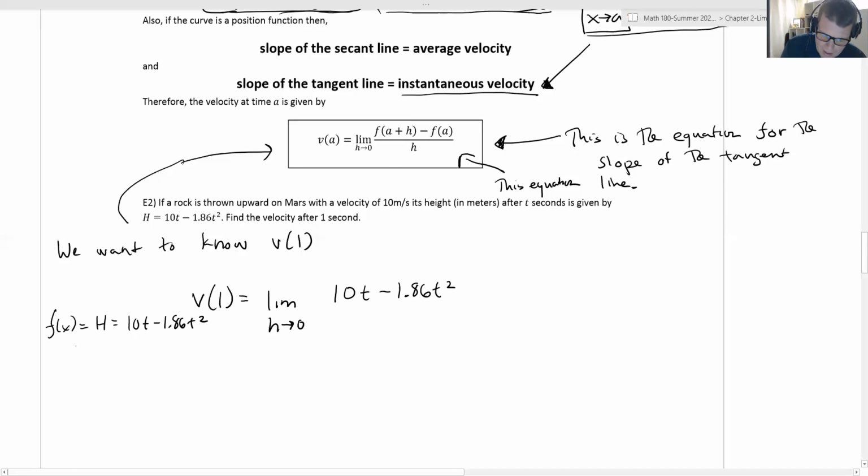Our f of a is going to equal, well, first I need to figure out what a is. a is going to equal 1, because after 1 second, a equals 1.